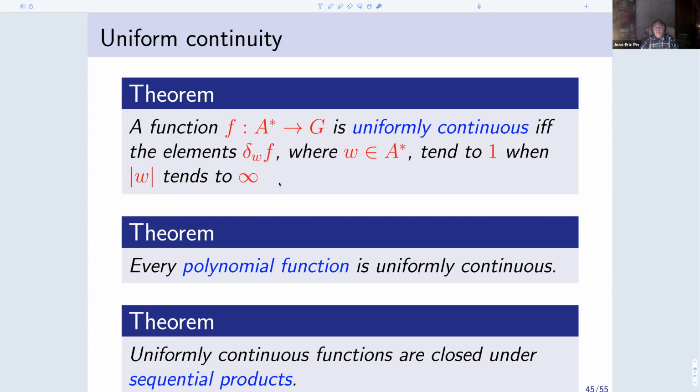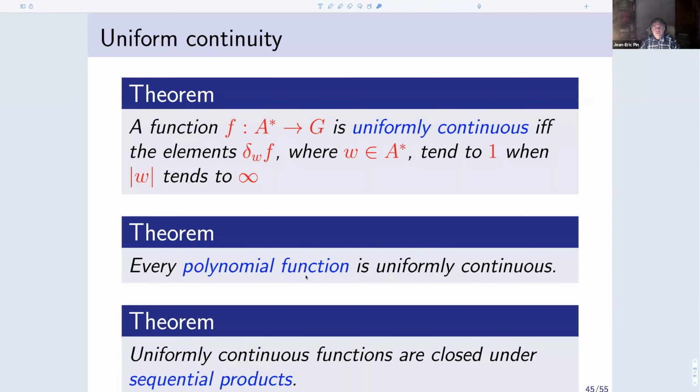So this is just the same statement as we had in the commutative case with the p-adic norm. That's the first part. The second theorem tells you that every polynomial function is uniformly continuous.